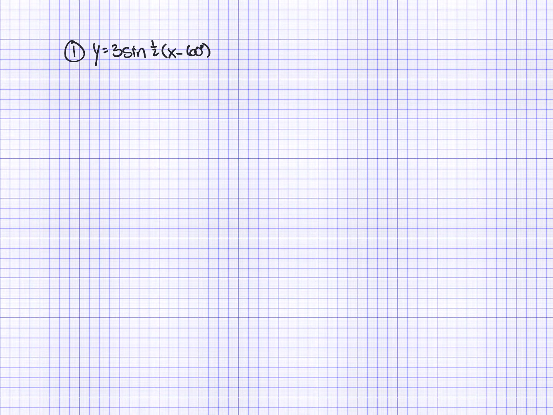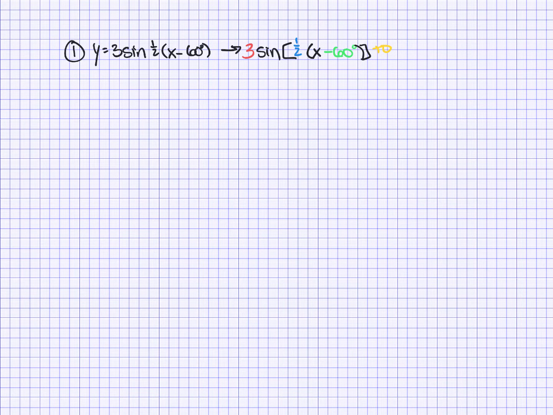Or if we want to think about this in terms of our different colors, this is going to be 3 times sine of 1/2 of x minus 60 degrees plus 0.